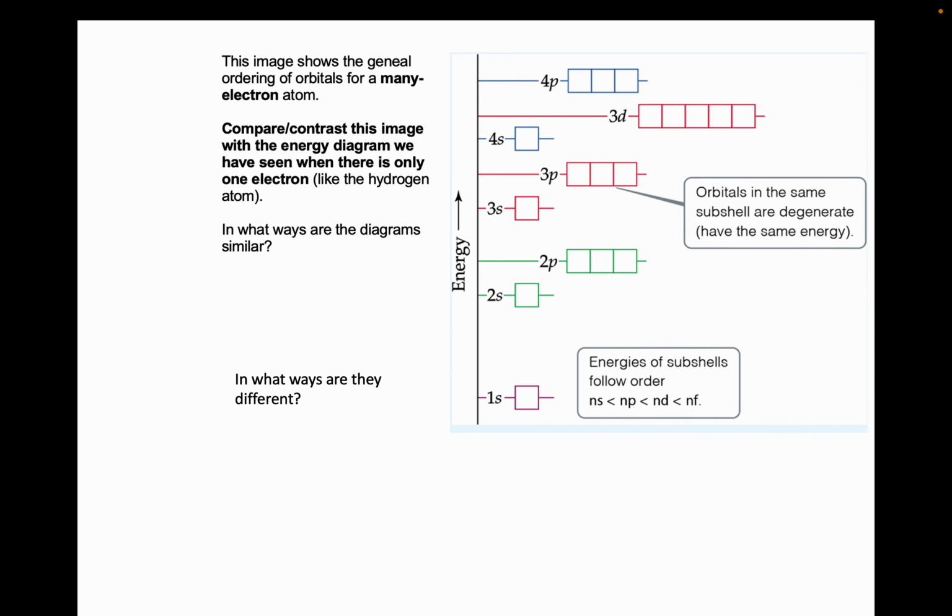In this particular figure, we see the atomic orbitals for a many electron atom. We've seen a similar image when we were looking at the hydrogen atom. So an initial task: let's compare and contrast those. How does this diagram compare with the one that we saw for the hydrogen atom?